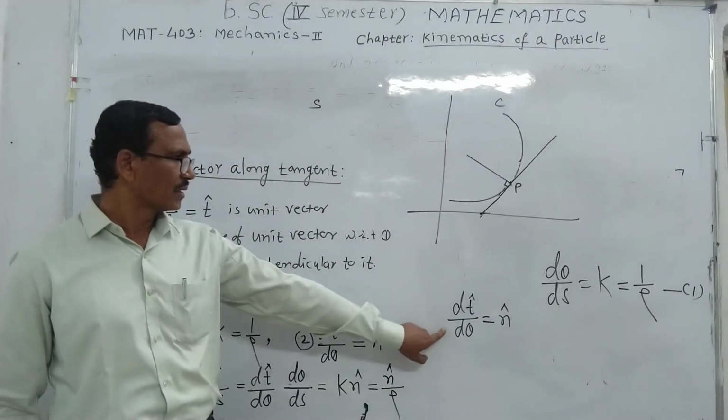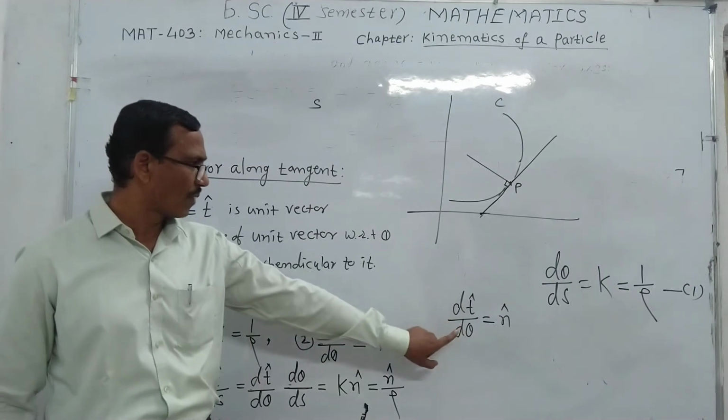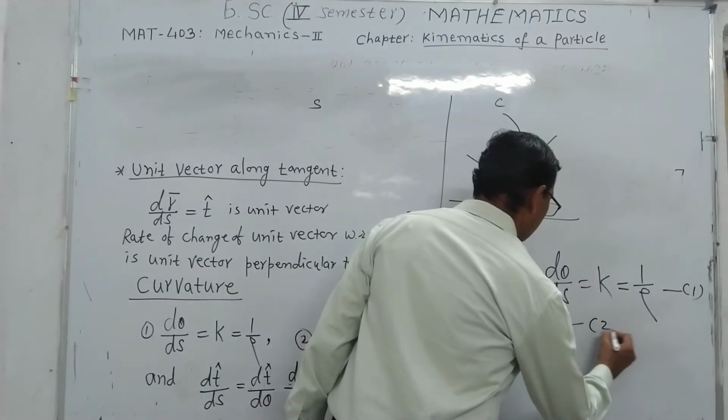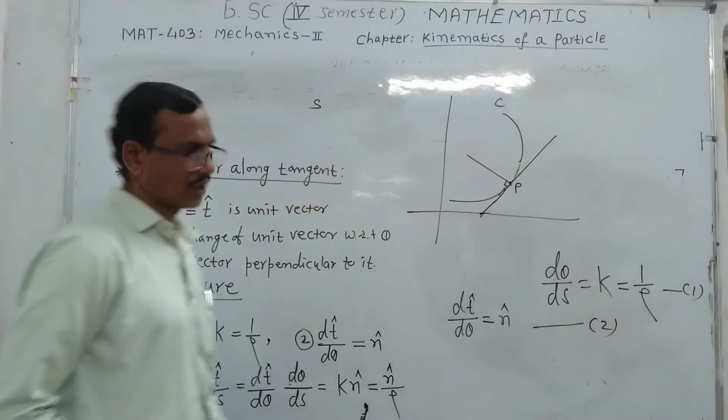You have to remember this formula: d t cap by d theta is equal to n cap. We shall call this the second equation.